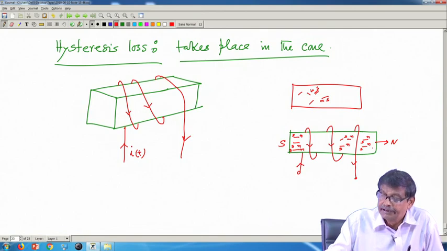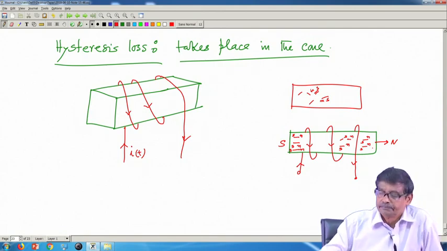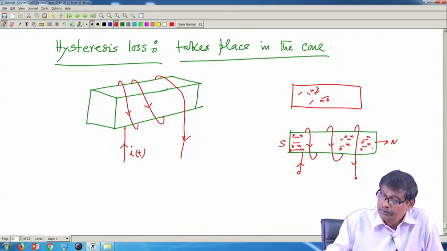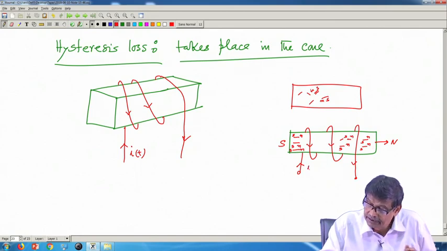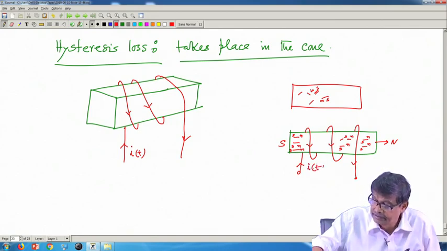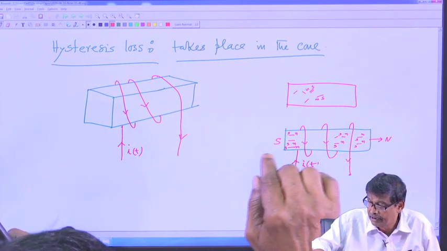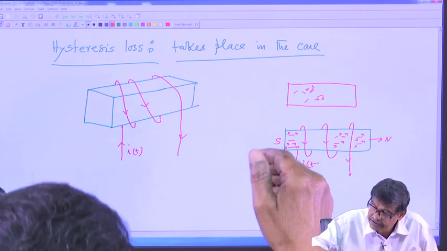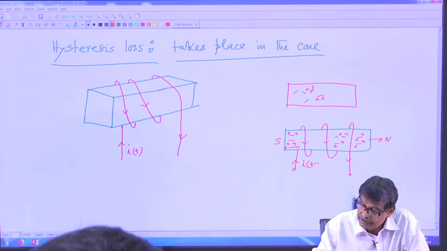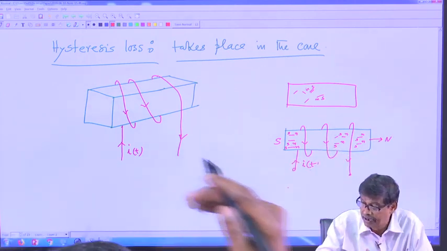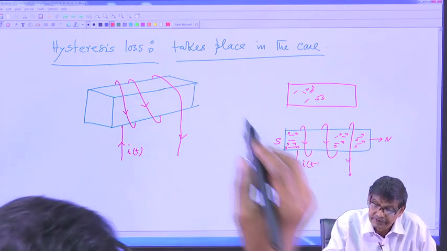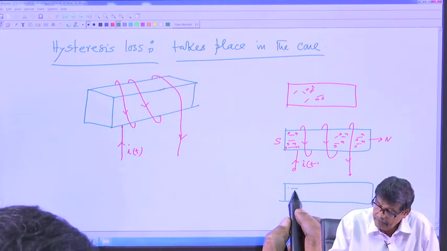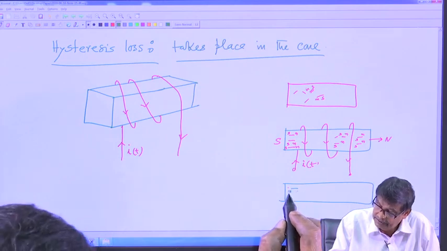Now, suppose this current is time varying. Therefore, what you are asking each molecule to do: if this is time varying, when the current is positive, each tiny magnet was trying to align along this way, then you reverse the current, they will now start moving, and finally, when the negative maximum current flows, this side will become south, the other way it will become north, it is north, it is south.